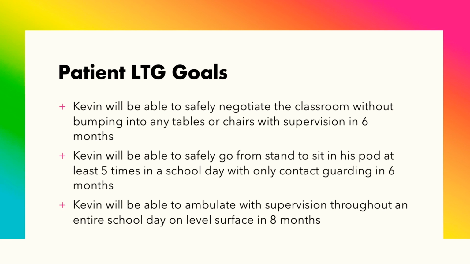We want to see him be able to go from stand to sit into his pod at least 5 times a day with just contact guarding, no assistance, and then we also want to see him be able to ambulate with just supervision in one entire school day in 8 months, which is definitely something that I think is doable with his condition.